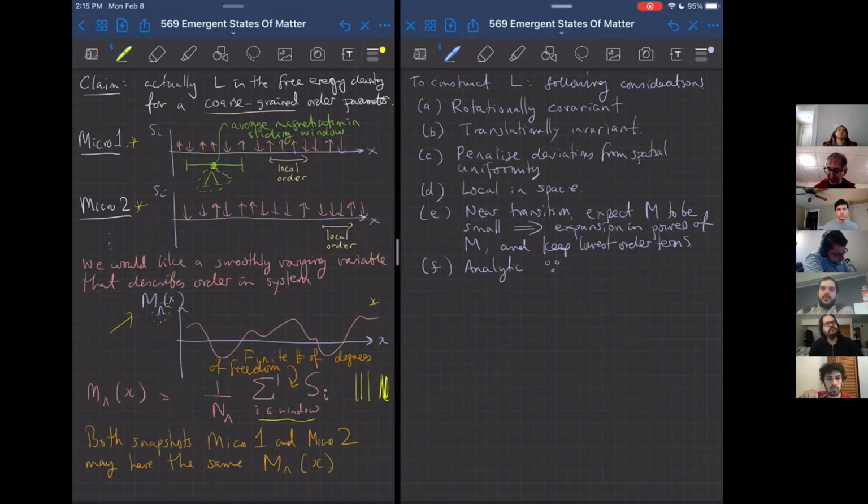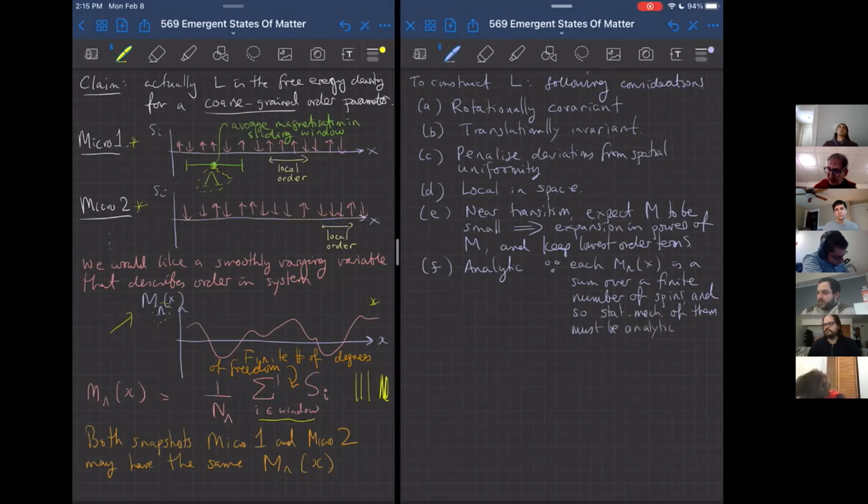So the reason that this is analytic is because each m lambda of x is a sum over a finite number of degrees of freedom, in this case number of spins, and so the stat mech of them must be analytic.